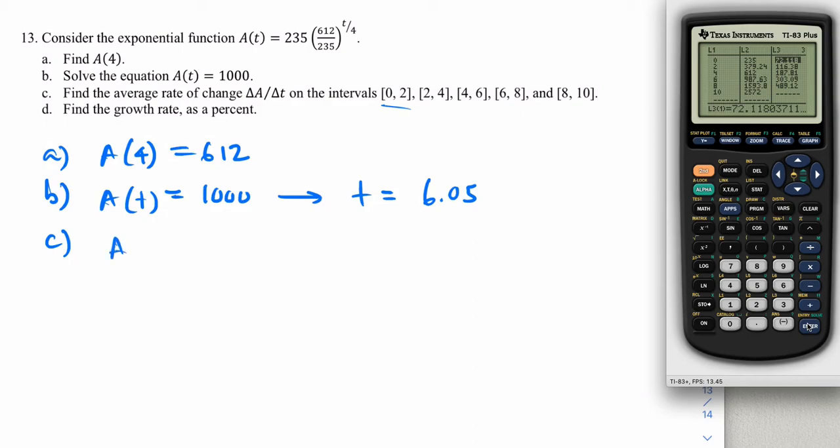The average rate of change of the function A of t on the interval from 0 to 2 is 72.12. On the interval from 2 to 4 is 116.38.